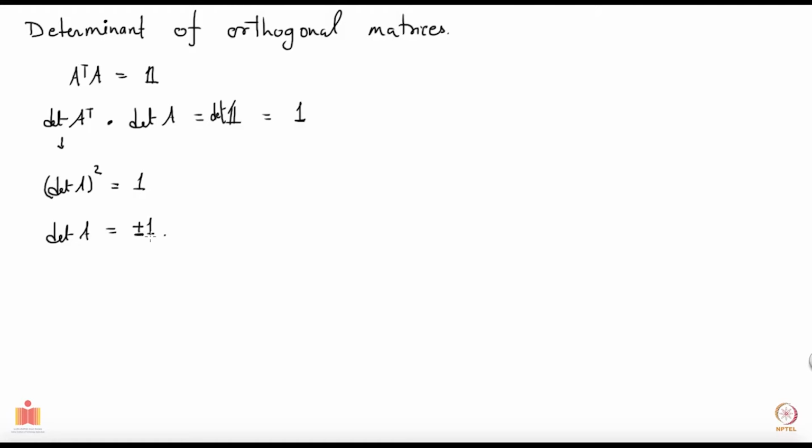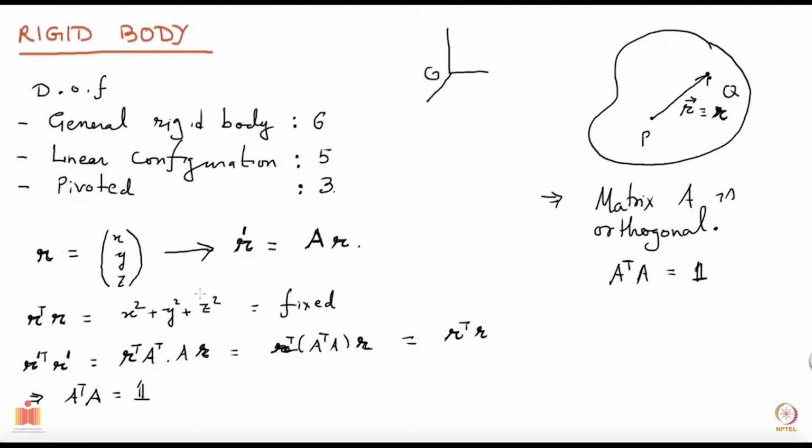Now, out of these two allowed possibilities, which one is true for our case? Our case meaning the rigid body. At this moment I have found out that if you take any orthogonal matrix, its determinant could be either plus 1 or minus 1. But it is not necessarily true that whatever possibilities appear here apply to our case, because we are looking at a very specific thing, a body which is moving in time.